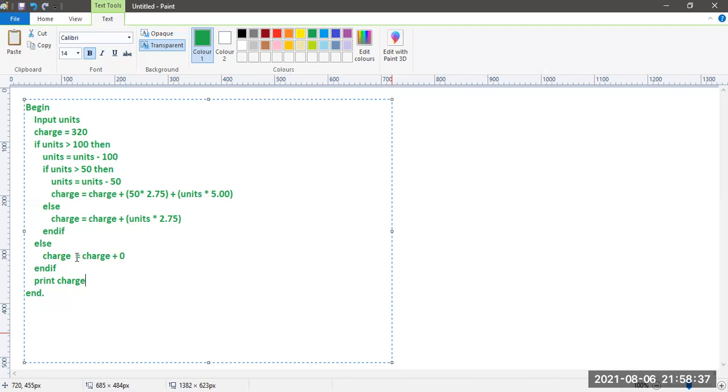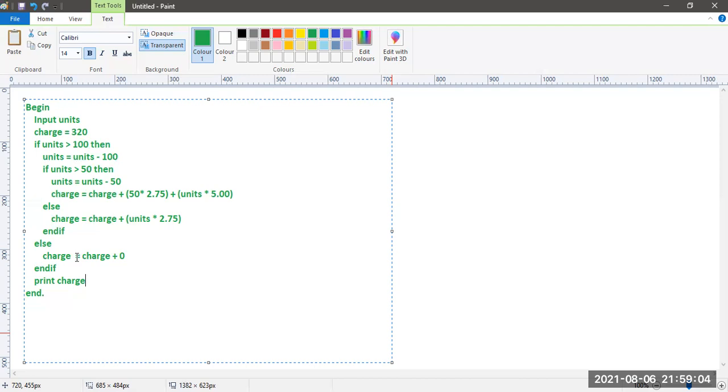Now the units equals how much extra he has used. Again, you check whether that extra is more than 50. If it is more than 50, we have to see how many 5 rupee units he has used.